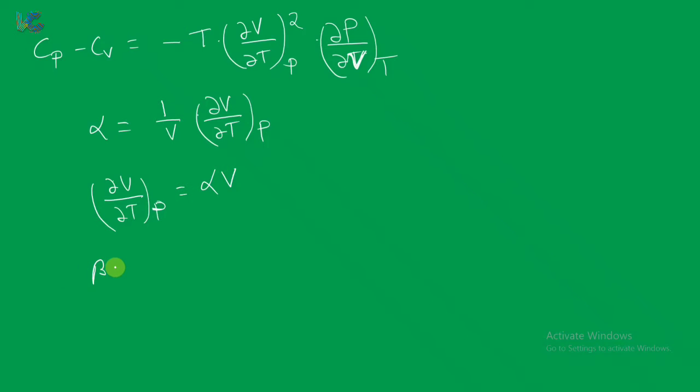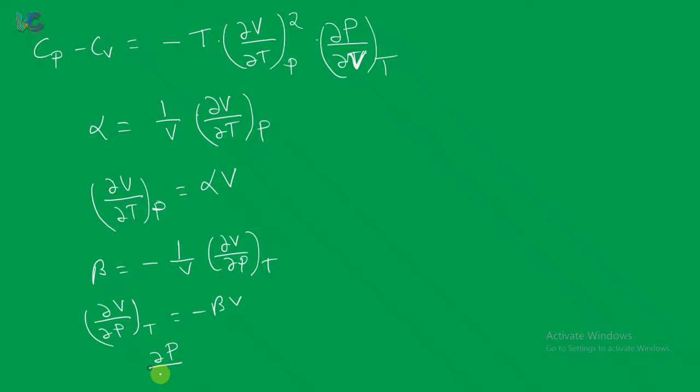Also, beta, the mathematical form of beta, is equal to minus 1 by V del V del P at constant T. That means del V del P at constant T is equal to minus beta V, and if you take the reciprocal, then del P del V at constant T is equal to minus 1 by beta V.